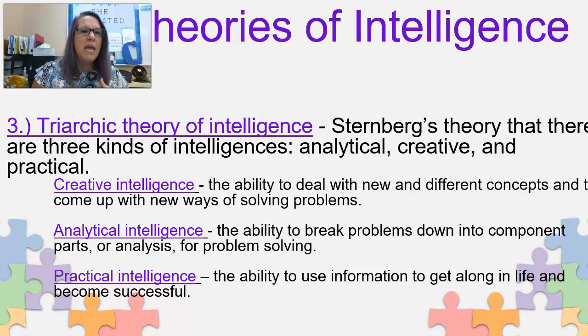Book smart being that they do well in school and on tests and are able to remember a lot of that stuff. And street smart is just that ability to take any information from any experience that you have and use all of that to make yourself successful in the world. So those were the types of intelligence that Sternberg said that we had.